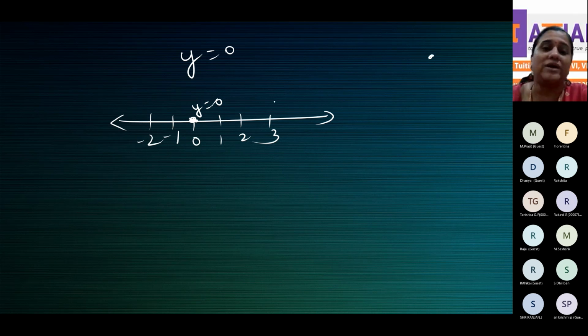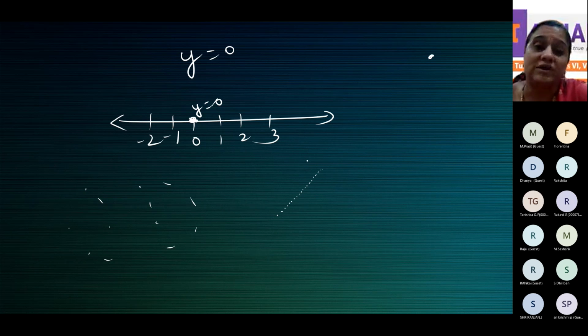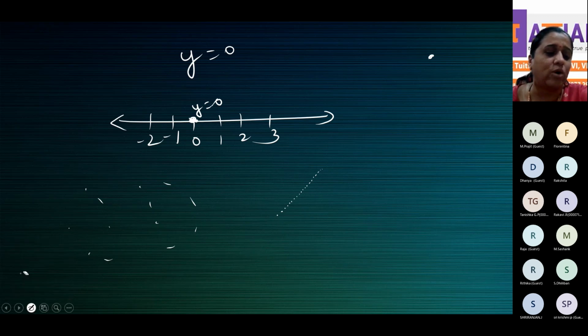A collection of points, but not just any collection; a collection of collinear points. So a collection of infinitely many collinear points is a straight line.